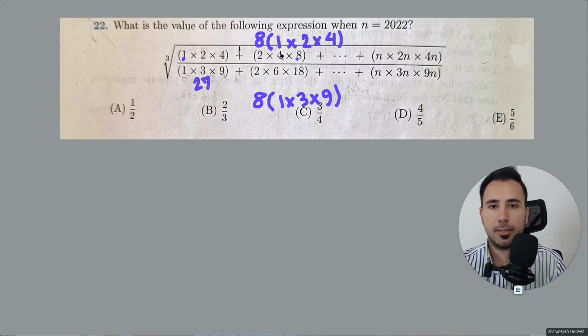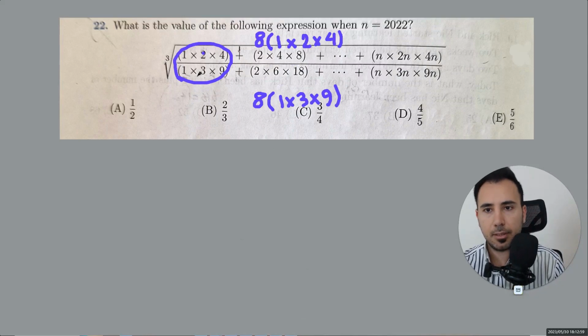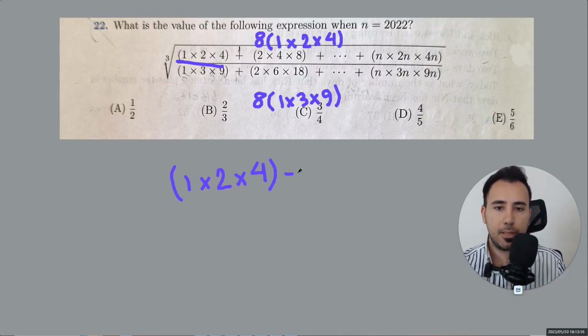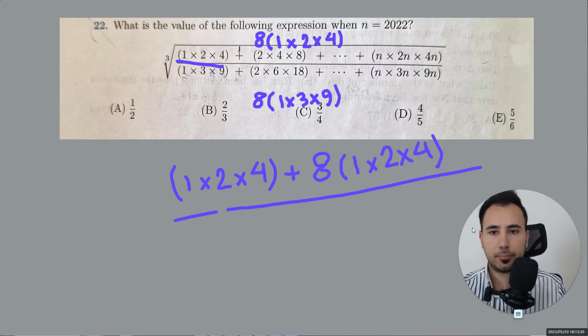So now look, this one was 8 over 27. Now if you have 2 of these, it's going to be 1 times 2 times 4 plus 8 of the same thing, over, again, 1 times 3 times 9 plus 8 of the same thing.